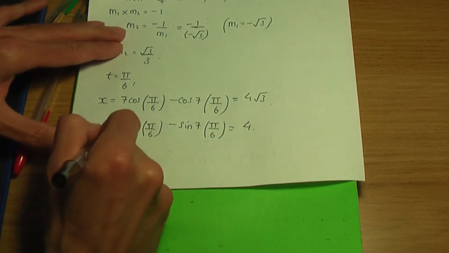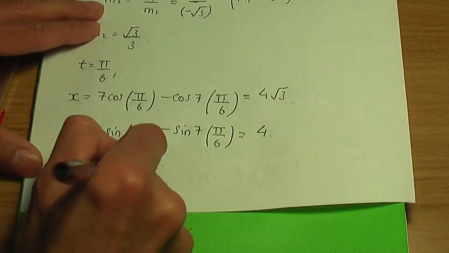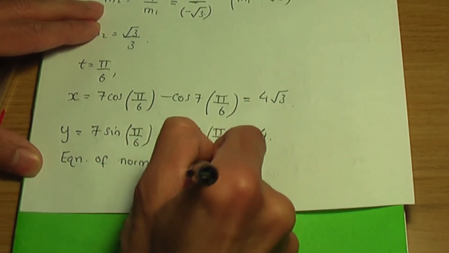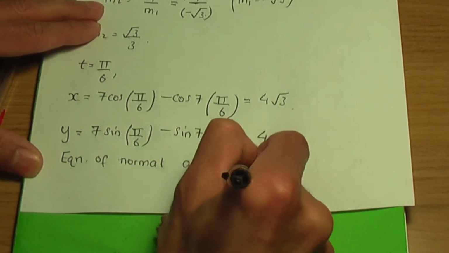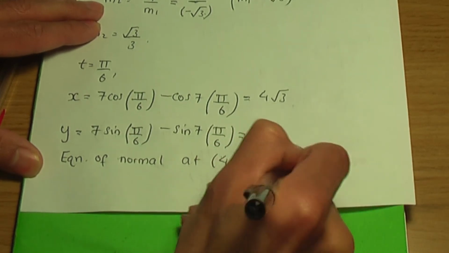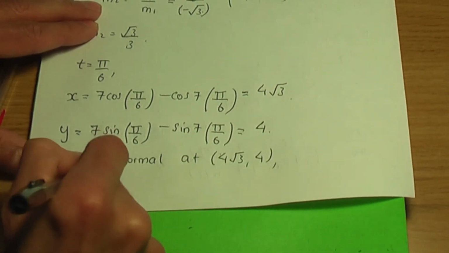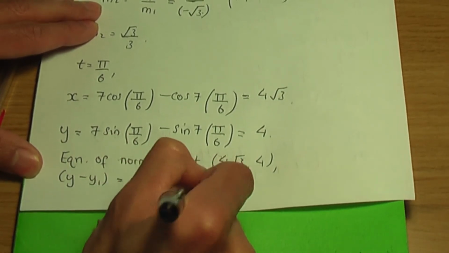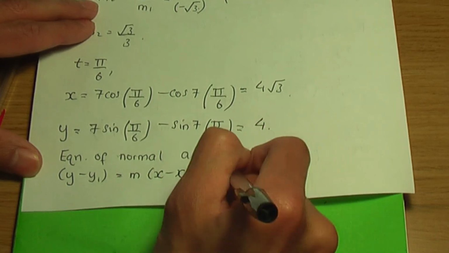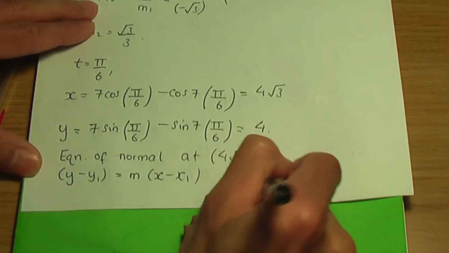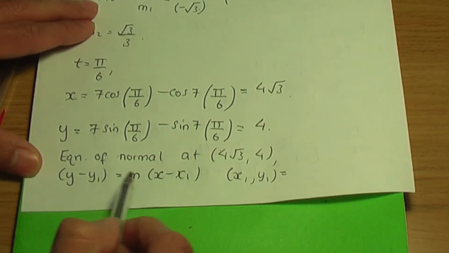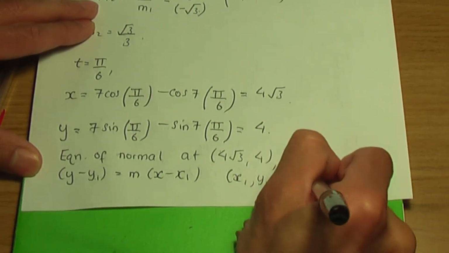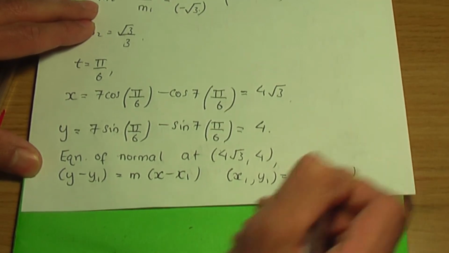Since the normal is a straight line, let's use a straight line formula to work out the equation of the normal at the point 4 root 3 and 4, the x and y values. Here's the formula for the line: y minus y1 is m into x minus x1. So x1 and y1 in the formula are the coordinates the line passes through. Our normal passes through 4 root 3 and 4.